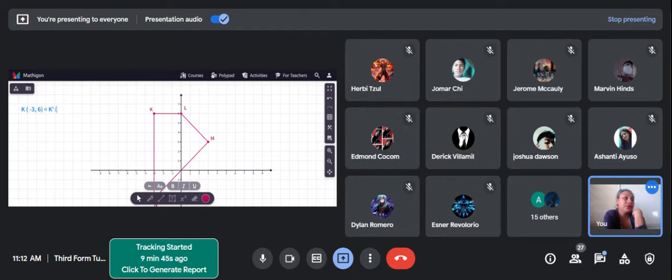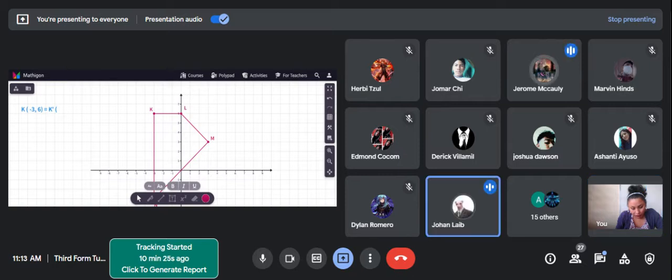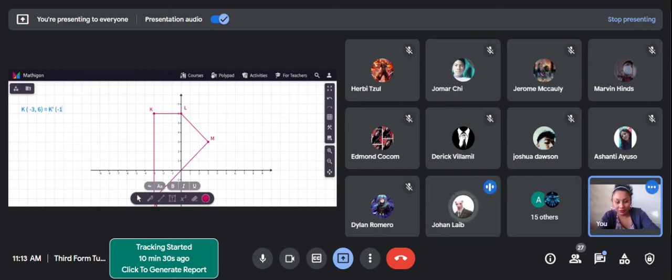Negative 1. Very good. What is 6 times 1/3? 2. Very good.